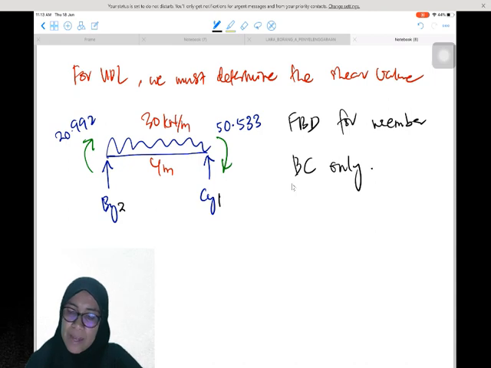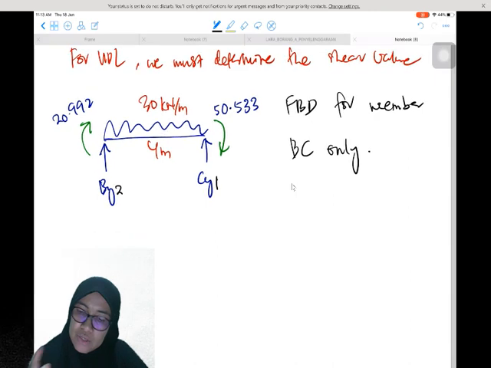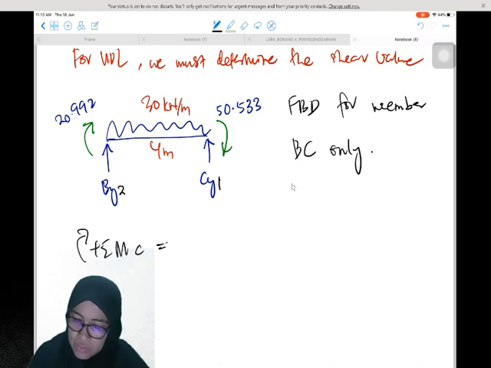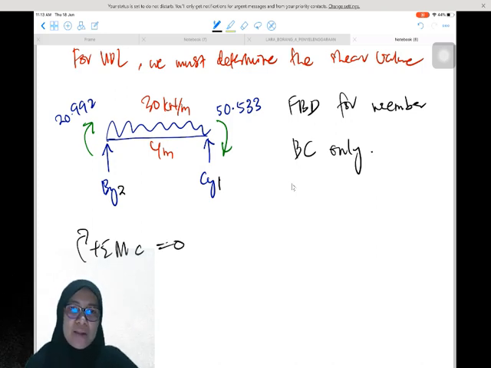Having this free body diagram, we analyze using static equilibrium to determine BY2 and CY1, by taking moment at C equal to 0. This is the basic thing that everybody in this field must understand.